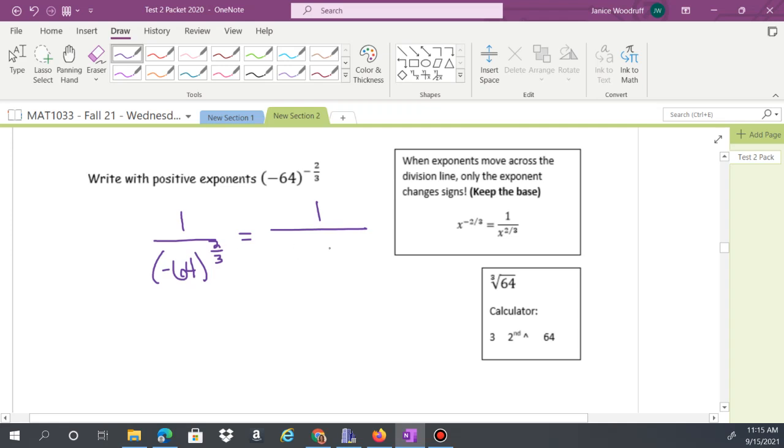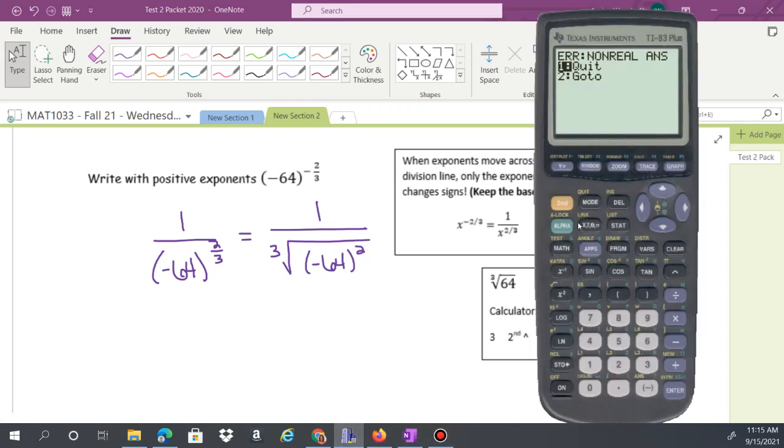So this should work out because under the radical here, you have negative 64 squared, which will become positive, and then the cube root. So top inside the radical, bottom outside. So let's see, negative 64 squared is 4,096.